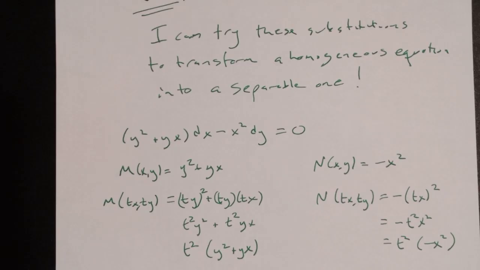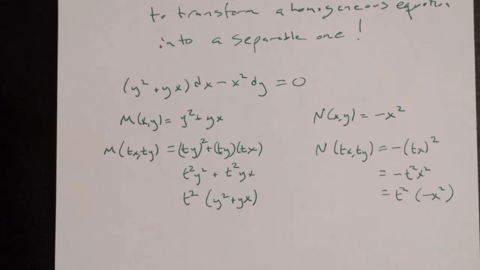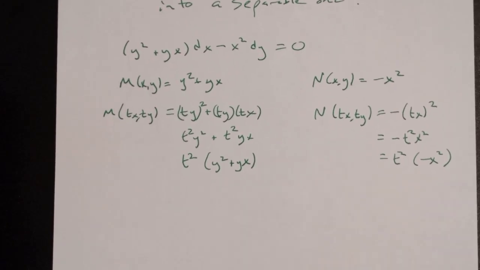They're quadratic. I have x times x, I have y times y, I have an x times a y. They're all quadratic. So while this isn't exact, it is homogeneous.